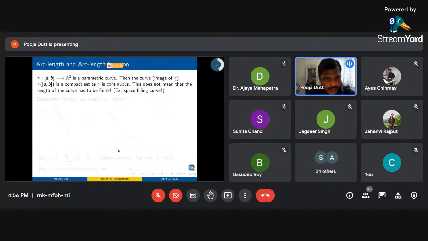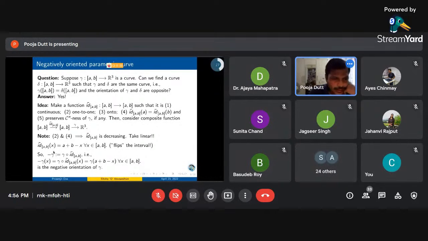So an example is this function on interval AB: a plus b minus x. So when x is equal to a, it gives the point b, and when x is equal to b, it gives the point a. And in that case, if you compose this function with gamma, where gamma is on the interval AB, essentially it will look like gamma of a plus b minus x, and then it will give you the negatively oriented curve.